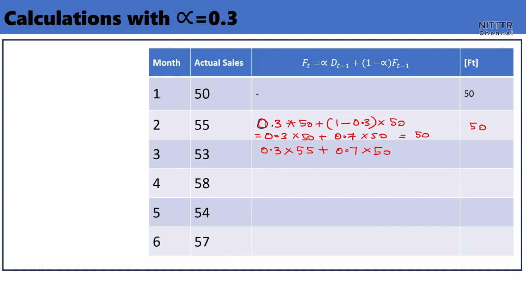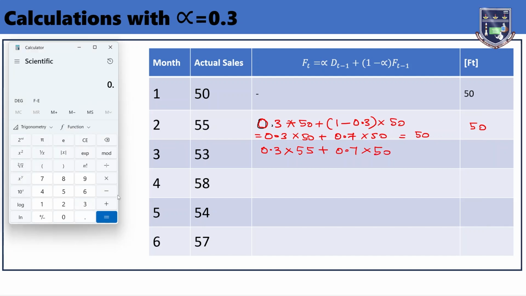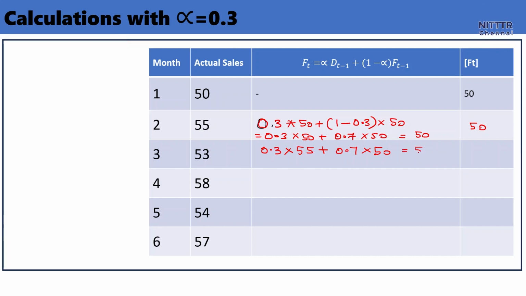So, let us calculate this. 0.3 into 55 plus 0.7 into 50 is equal to 51.5. So, this is the forecasted data for the third period, but the actual demand is 53.